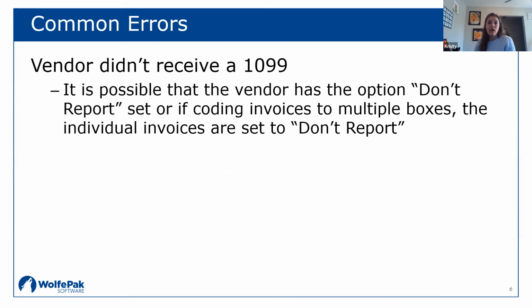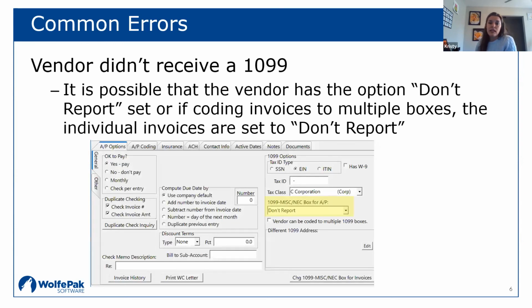Next, a common error that we saw was, what if a vendor didn't get a 1099? How can I go back and look to see if those vendors are set up to get a 1099? There are a couple of things. I have a little screenshot here for you. The first screen is on your 1099 AP option for sub-account maintenance.